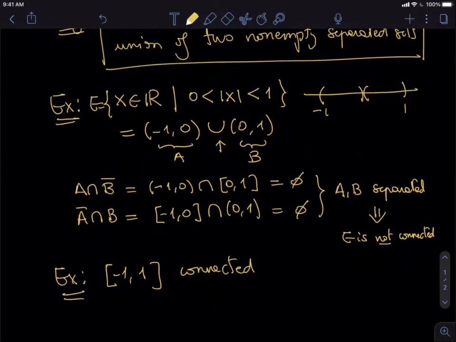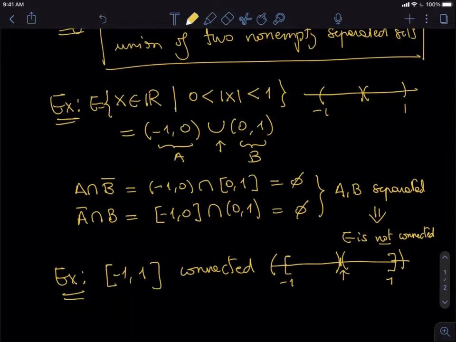This makes sense because in any way I try to split it, let's say I try to split it here, I will be leaving that point out. I will create two pieces, but those two pieces will leave one point out. In any case, it's more difficult to show that a set is connected than to show that it is disconnected.